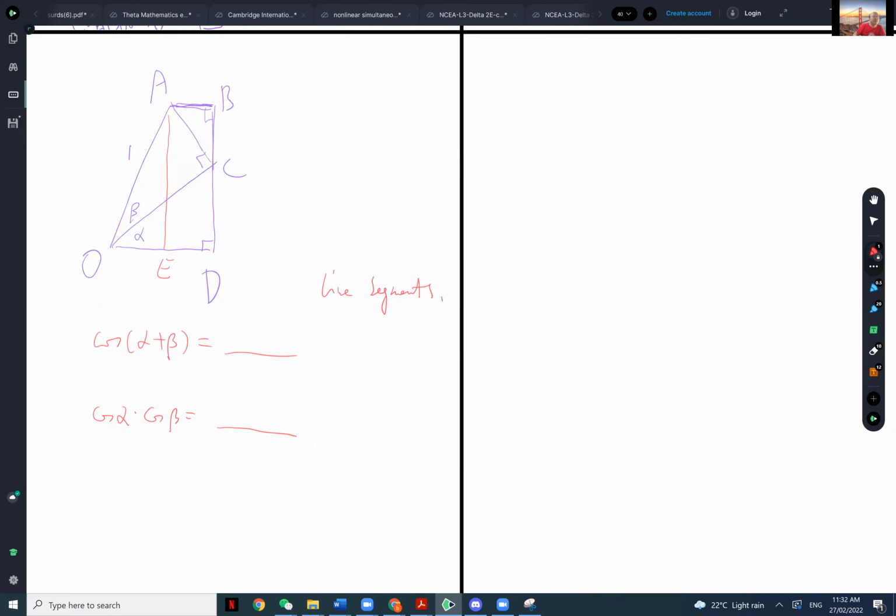Oh, yes, just OE. OE over OA, but OA is just one, so OE. What's cos alpha times cos beta? I mean, what's cos alpha first? Leo, what's cos alpha in the diagram?